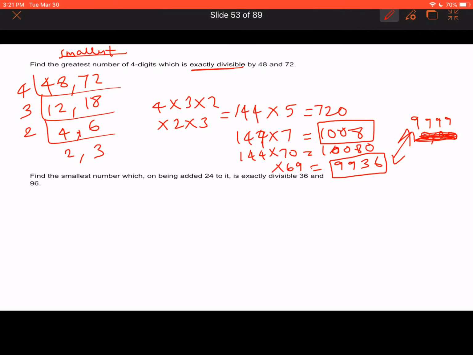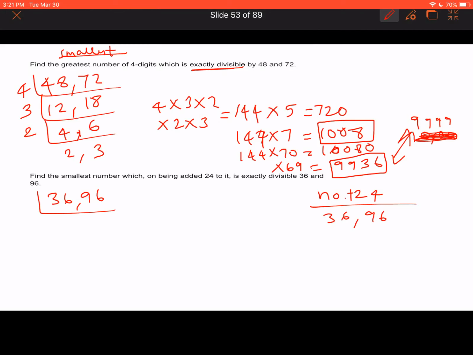And then find the smallest number which on being added to 24 is exactly divisible by 36 and 96. So we have to find a number which when added to 24 is exactly divisible by 36 and 96. So that means what? We find the LCM, and that number is going to completely get divisible by 36 and 96, right?